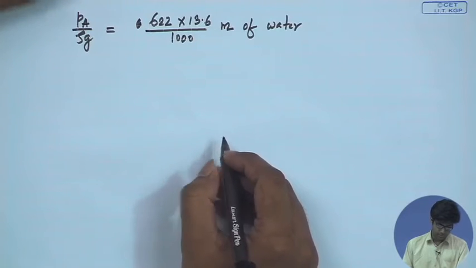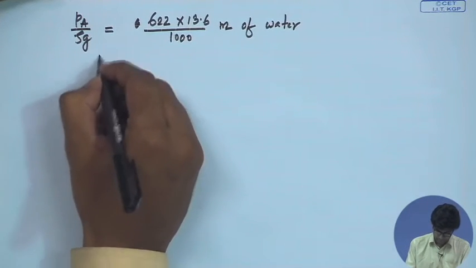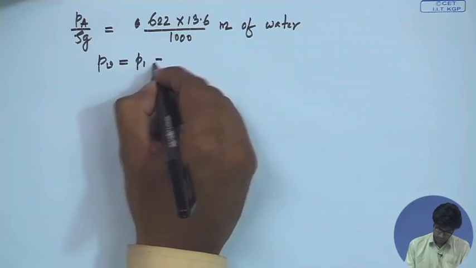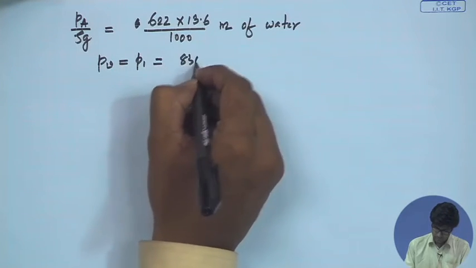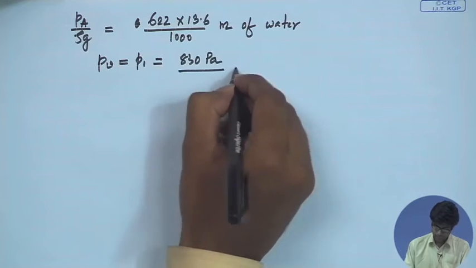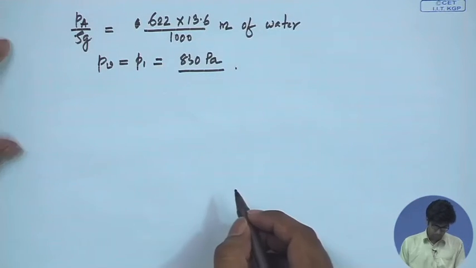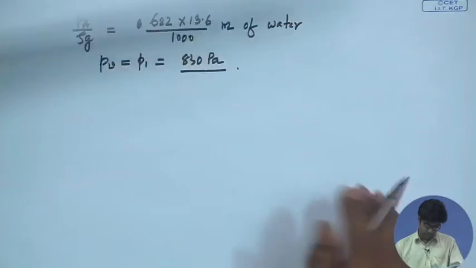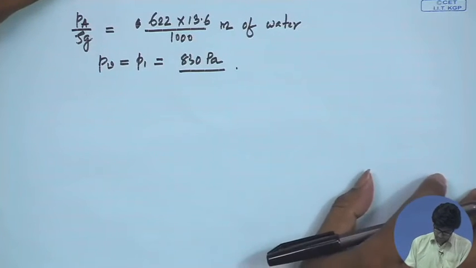The vapor pressure of water in this case, which is also equal to the pressure at the inlet to the impeller, was given as 830 Pascal. So, we have to find out by how much the height of the pump above the supply level should be reduced. Let us find the elevation for this case.